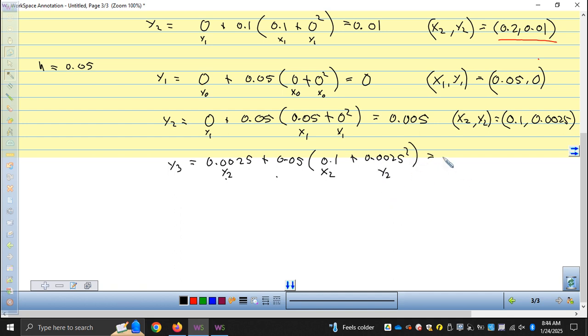And that gives me 0.0075. So x3, y3 is 0.15, 0.0075.